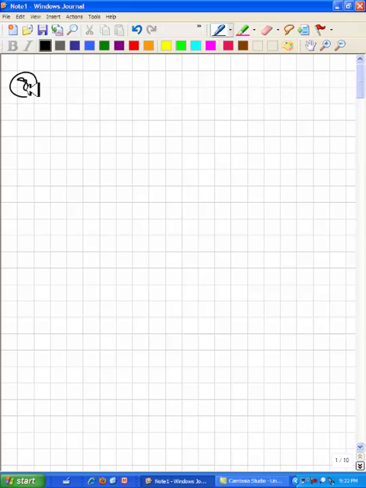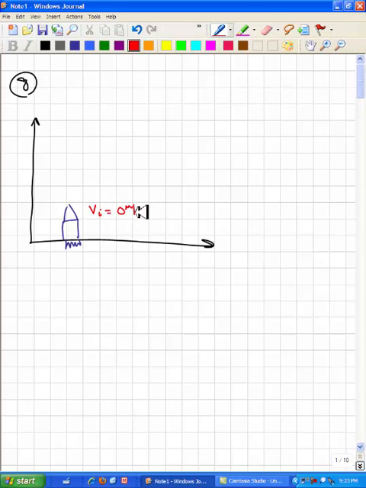Part A. How fast is the rocket traveling when the engine cuts off? So let's draw a picture for a moment. Okay, here is our rocket. Okay, it is blasting off. Its initial velocity, we are told, is 0 meters per second. And the rocket blasts off and magically changes colors. And the engine cuts off at an altitude of 1 kilometer.